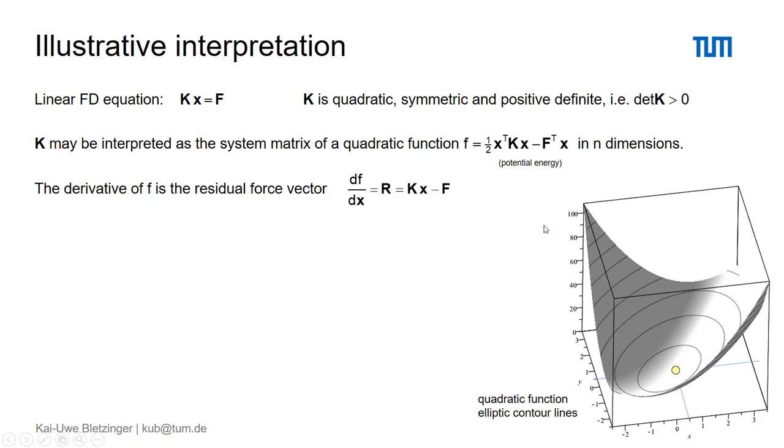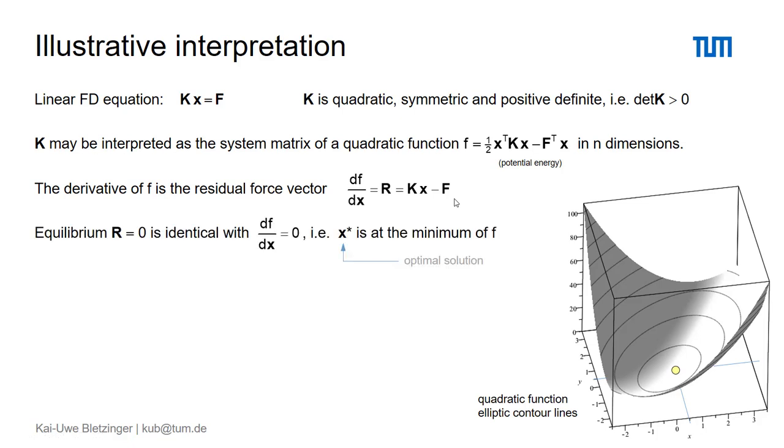And then we can determine derivatives of this function, which is again a vector with as many components as dimensions, and that gives the residual force vector in the interpretation of our equilibrium problem, referred to above. Then the equilibrium r equal to 0 is of course identical with a 0 derivative.